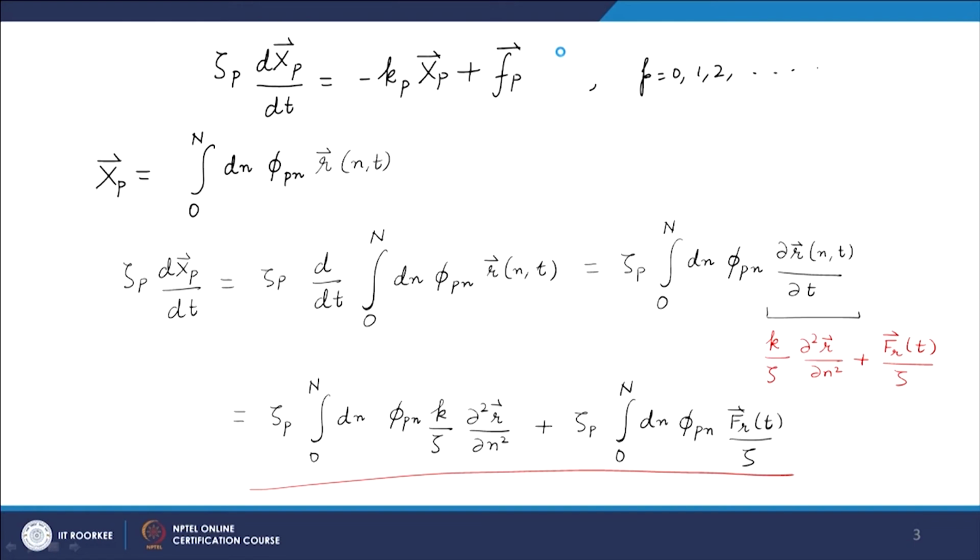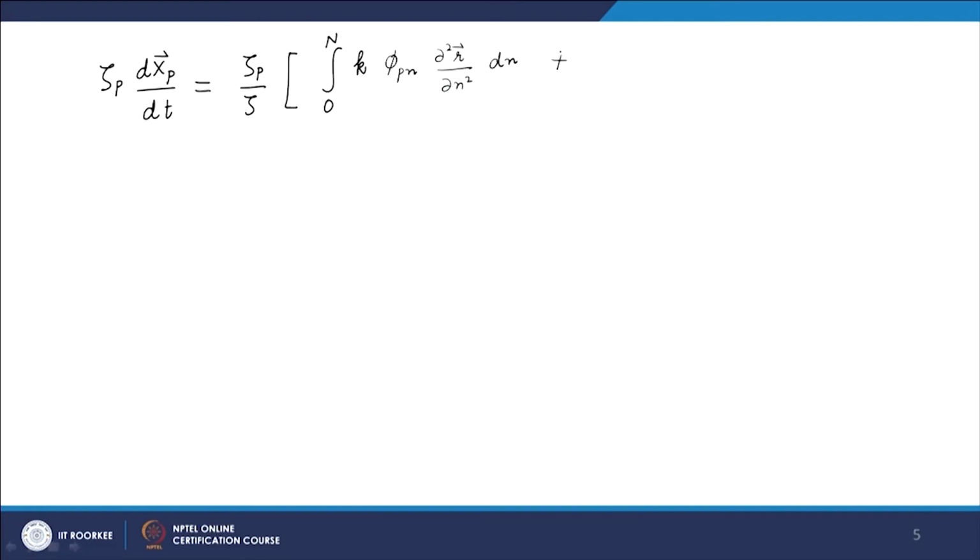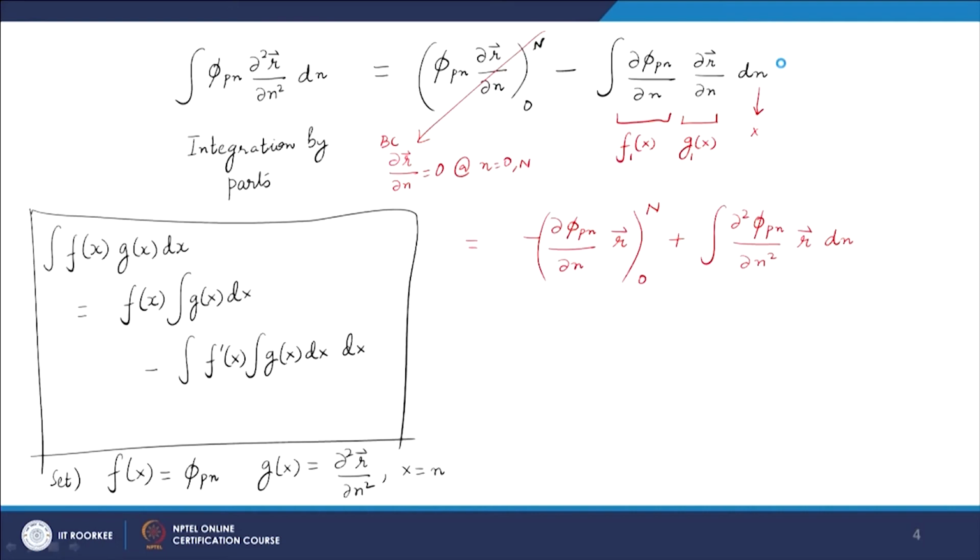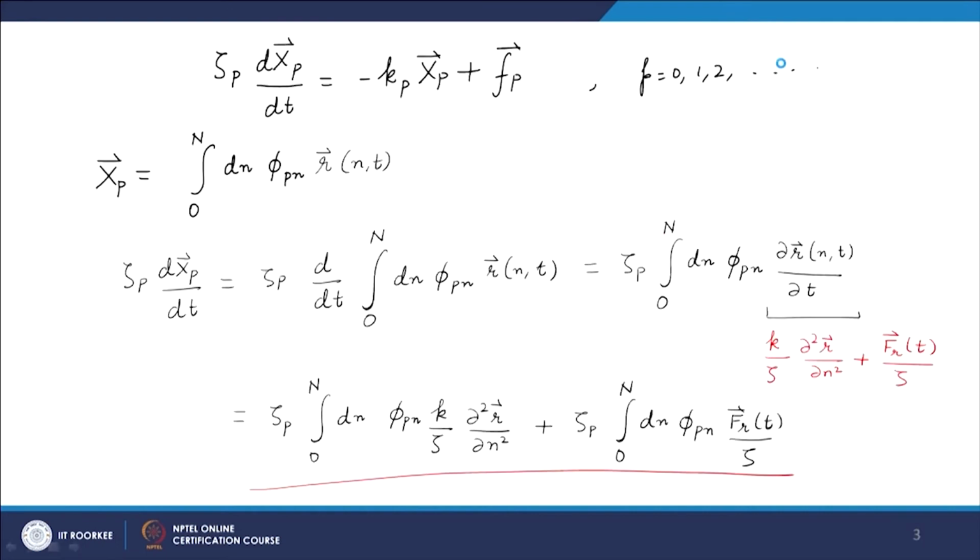So, zeta_p by zeta is taken constant. So, we have 0 to n, F_r(n,t) phi_p(n), and then we have dn right here as we had in this expression.